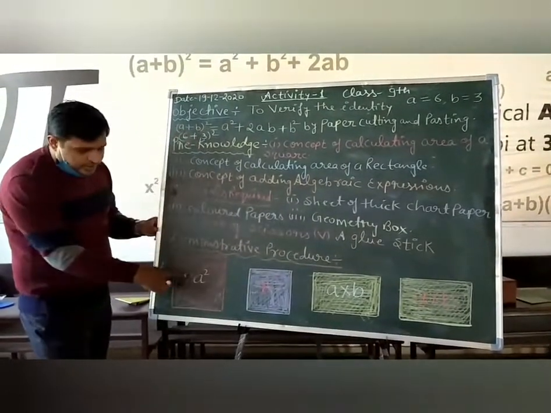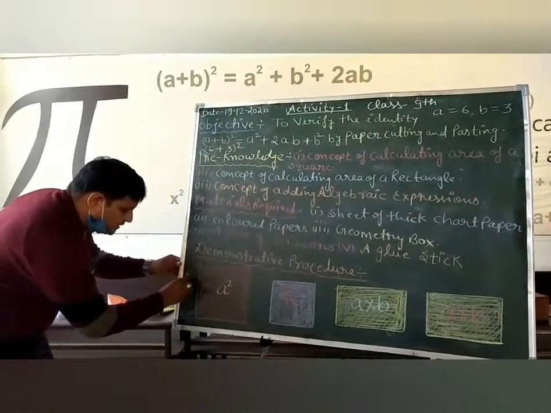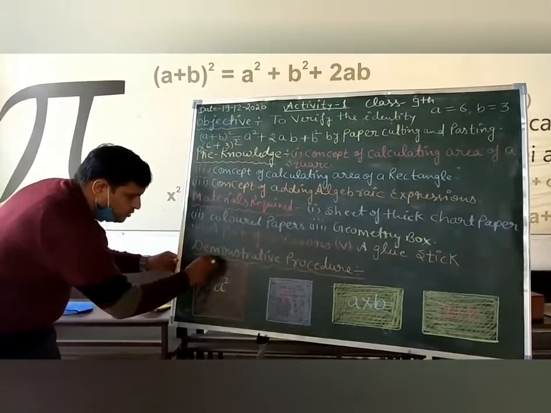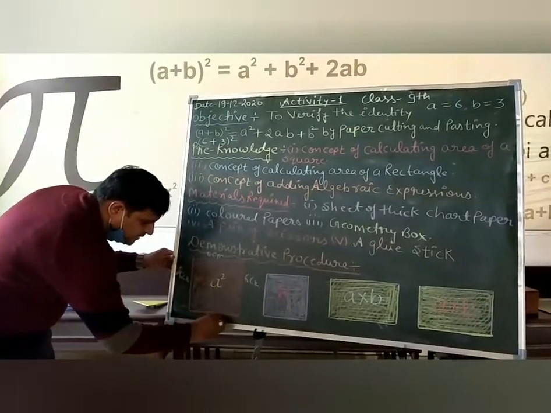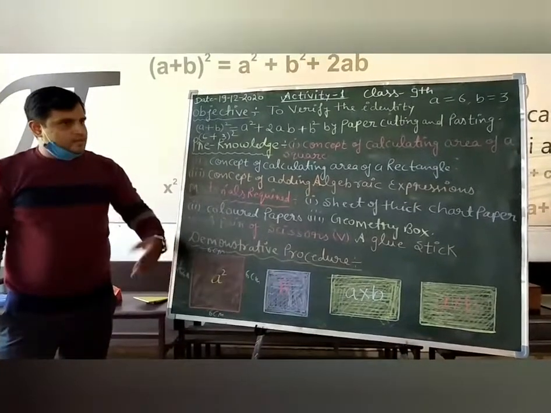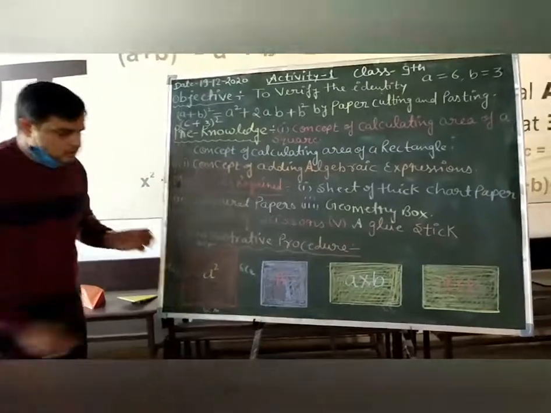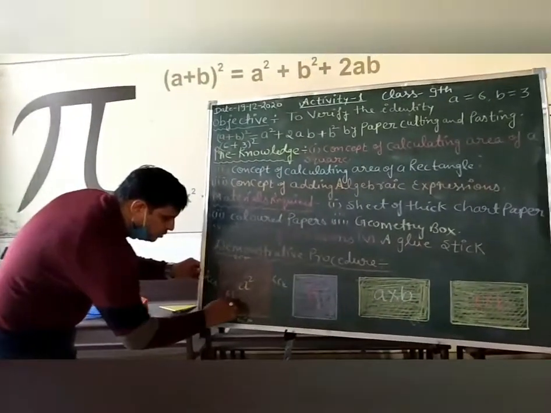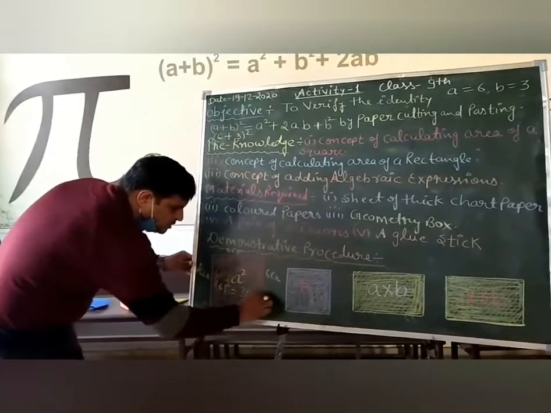It means we will cut a square paper with a measurement of 6 centimeter, this side is also 6 centimeter. The area of this square, side square, is a square, which means 6 into 6. So we find 6 whole square, which is 36 centimeter square.